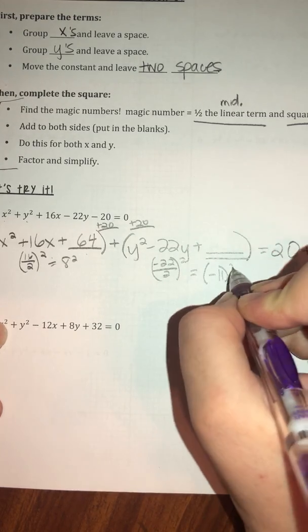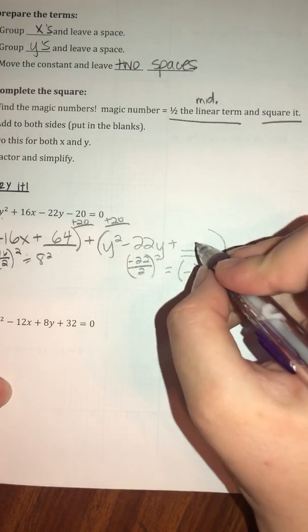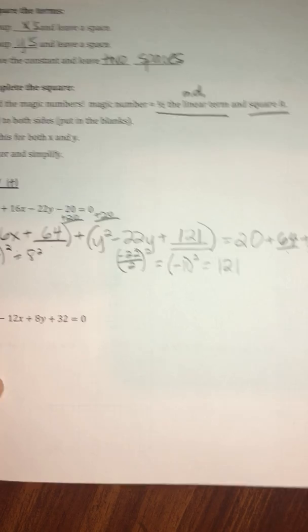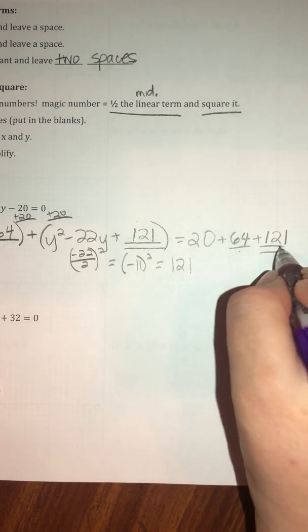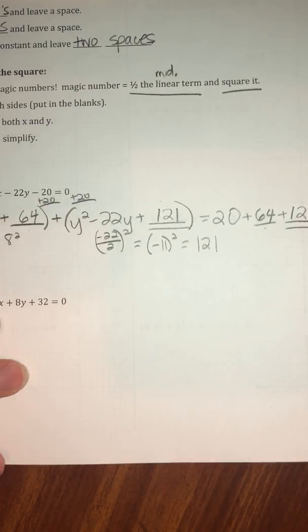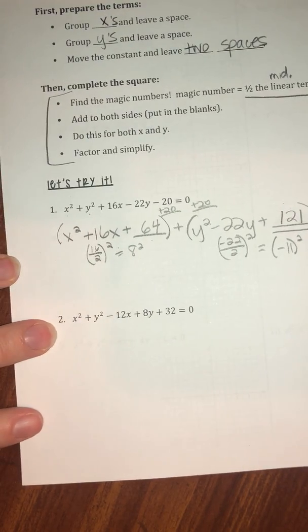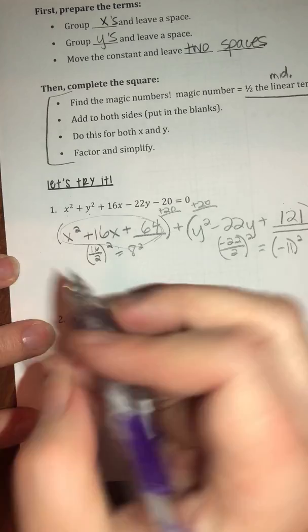That's negative 11 squared, which is 121. That goes in this blank. And then it goes also in the blank on the right side, okay? Remember, that's because if we do something to one side, we have to do it to the other side as well, okay?